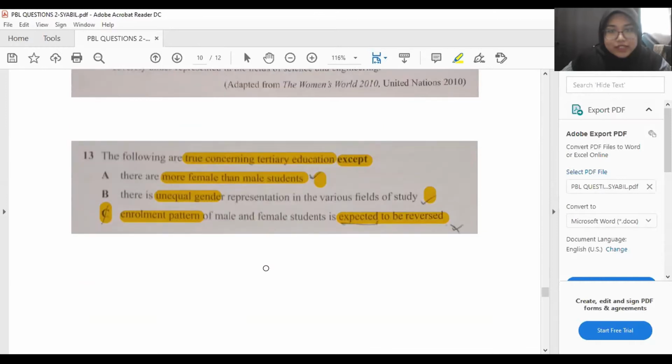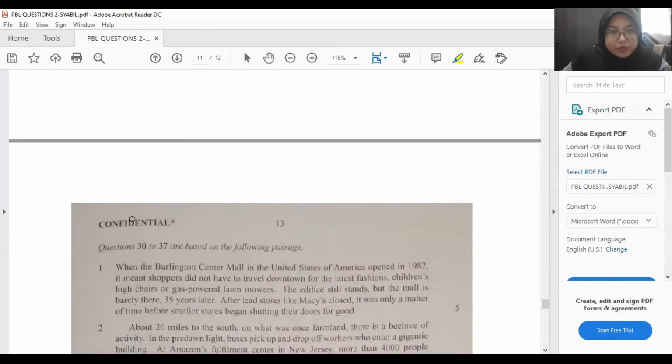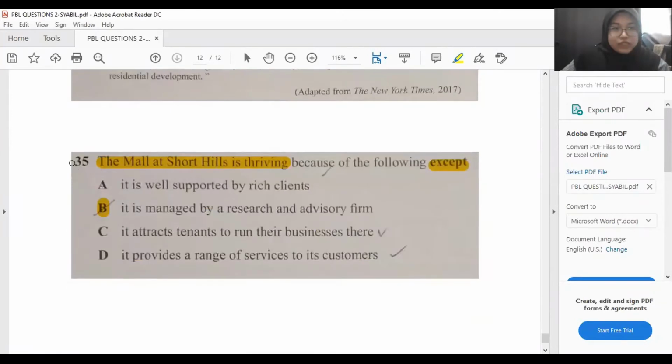Okay, next is this question. First of all, we read: the mall of Short Hills is thriving because of the following, except. As we mentioned, it is an FO question, and "except" is a signal word for it. Then we read that the mall at Short Hills is thriving because, so it was the reason.